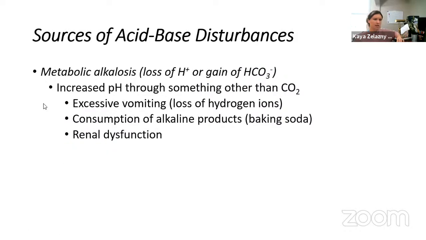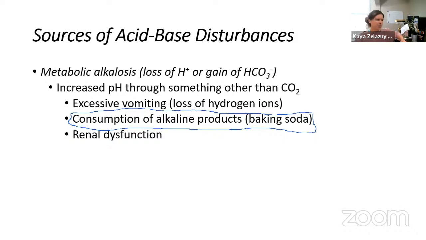So things that could cause metabolic alkalosis, the list is a bit shorter. So anything that's raising our pH because we have too few hydrogen ions or too much bicarbonate, right? So if we ingest something really alkaline, like if we eat a bunch of baking soda, which is super bitter, so I don't know why you would do that, but you could do it.